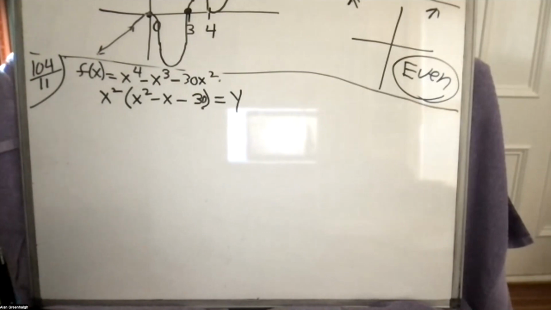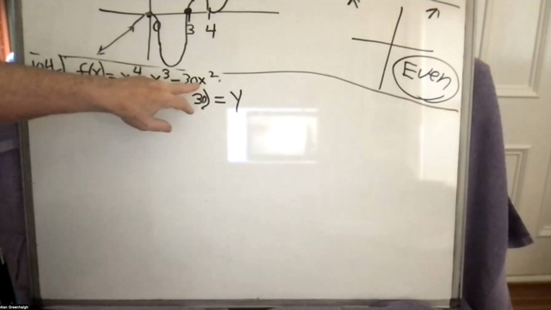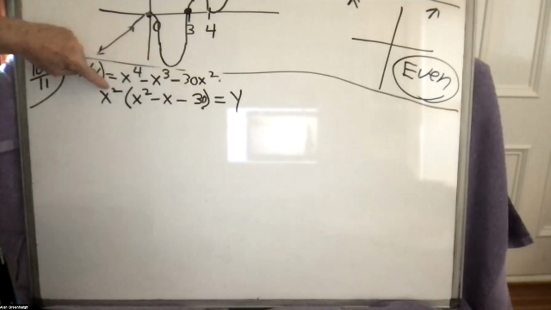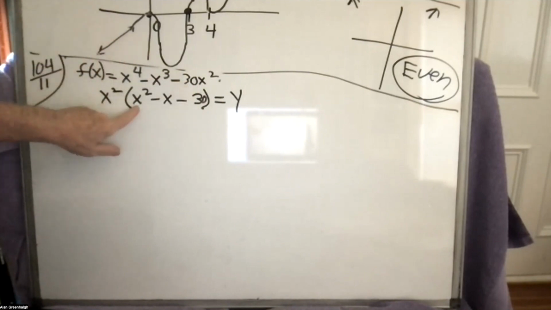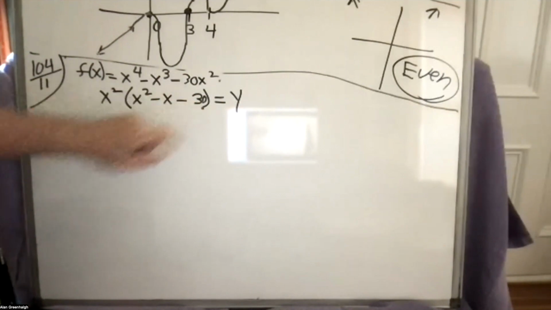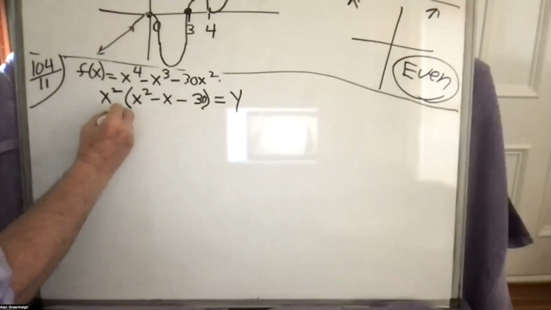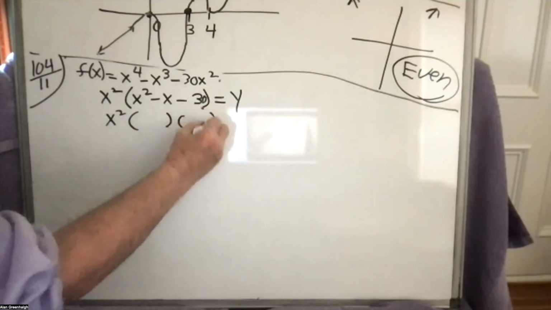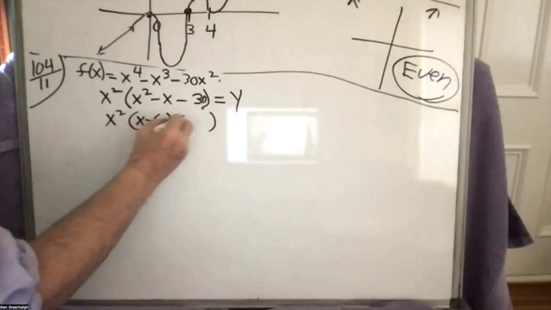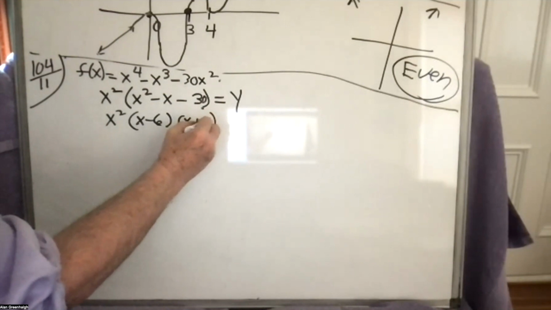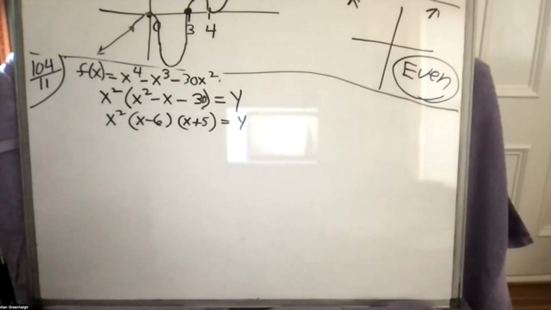Okay, so I read that incorrectly. This was the original problem. When we factored out an x squared, we were left with x squared minus x minus 30. This can be factored into x minus 6, x plus 5, and that equals y.